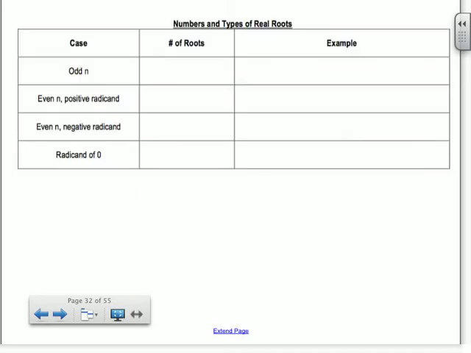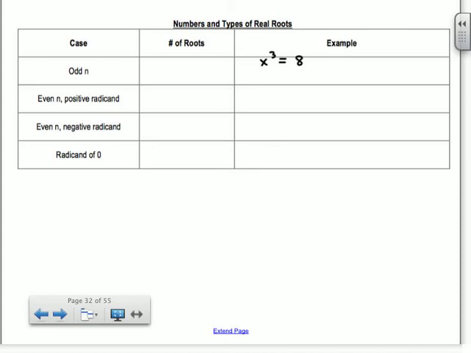Okay, so let's say we're solving an equation. Let's say I had x cubed equals 8. That means what kind of root am I going to take to get rid of the x to the third, if I just want x? Not a hard question. Cube root, right?